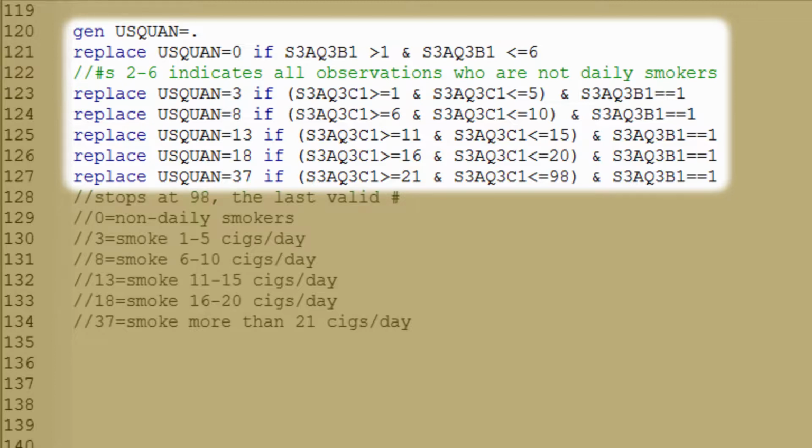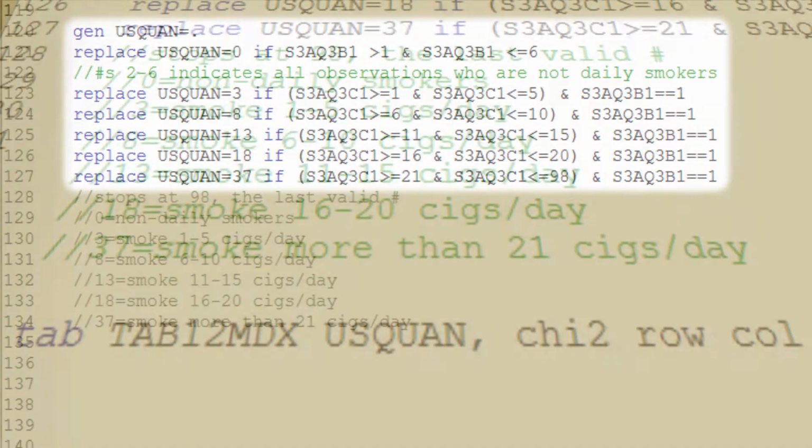Replace US_QUAN = 37 if (S3AQ3C1 >= 21 and S3AQ3C1 <= 98) and S3AQ3B1 == 1.